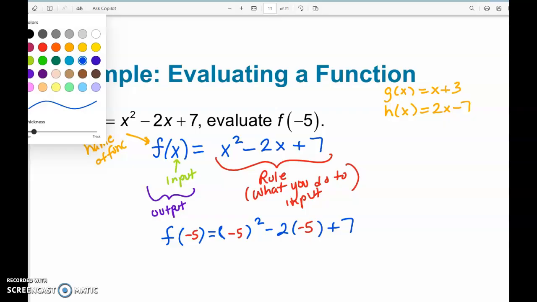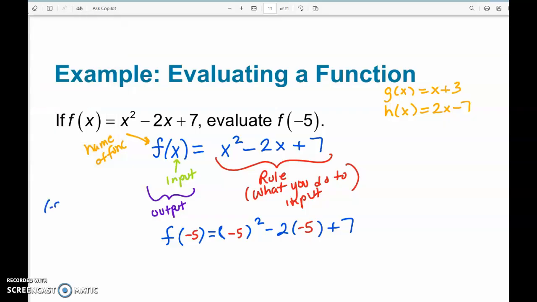So -5 squared is -5 times itself twice. When you take two like signs and you multiply or divide them, you end up with a positive result. So this will be positive 25. -2 times -5, also two like signs multiplied, you'll end up with a positive 10.